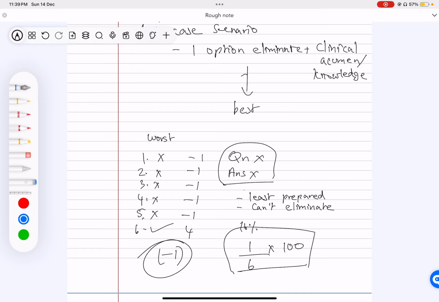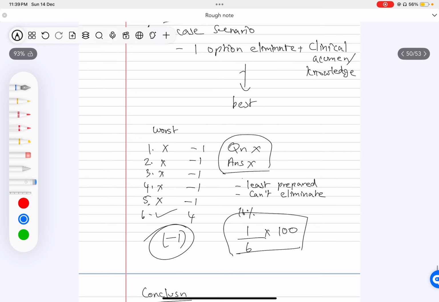So what you'll do, you'll get 5 wrongs, -1, -1, -1, -1, -1. Then you'll get a +1. At the end of the day, you lose a mark. Instead of getting a 0, you get a -1. That is the worst case scenario. Actually getting this is 16%.